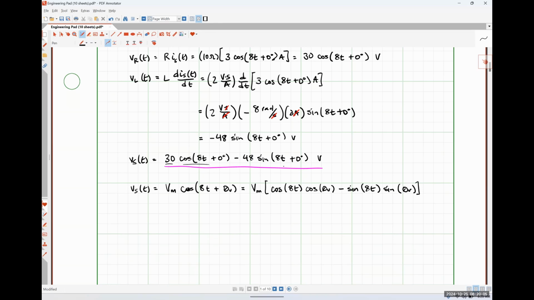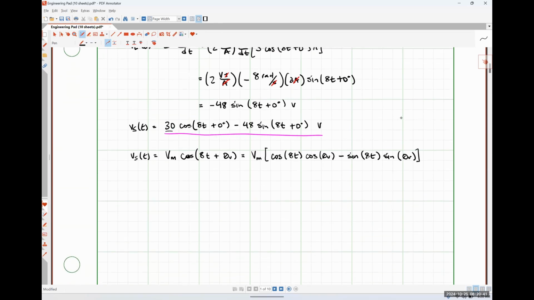So realistically, what we need to do is just figure out how to relate these two things using our knowledge of trig to figure it out, okay? Let me think about this real quickly. Well, actually, no, it's rather easy.